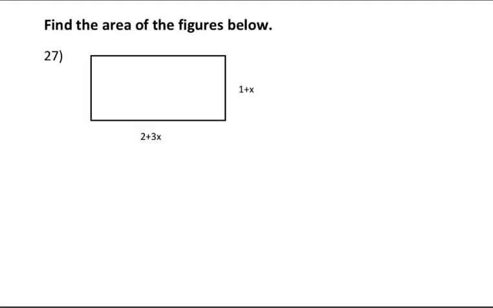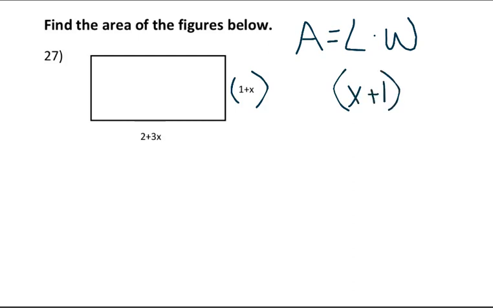When we find area of a rectangle, remember that the formula is multiply the length times the width. If my length is x plus 1 and my width is 2 plus 3x, all I have to do is multiply those together.